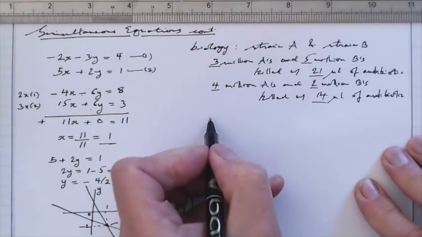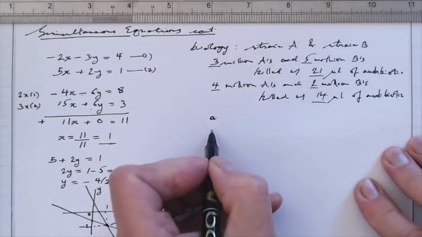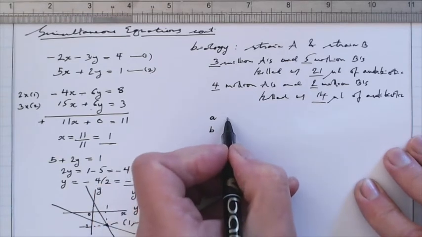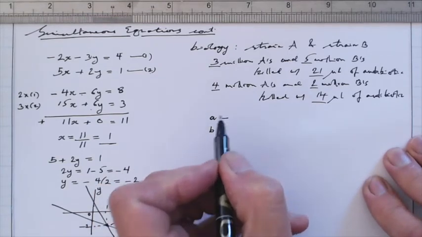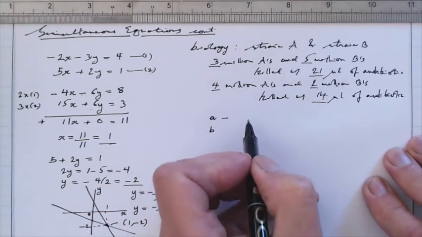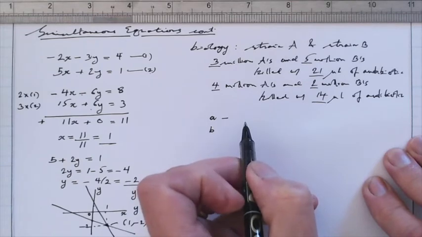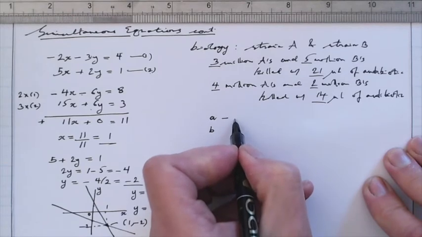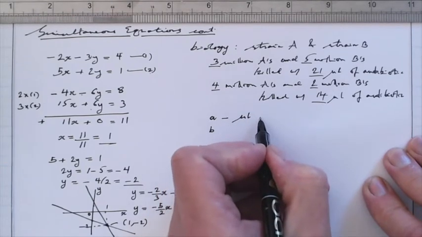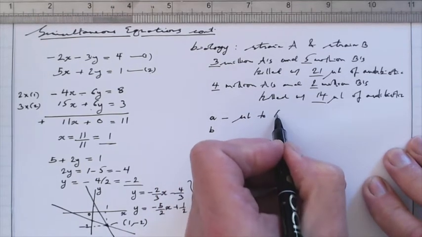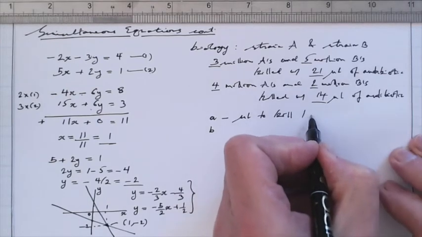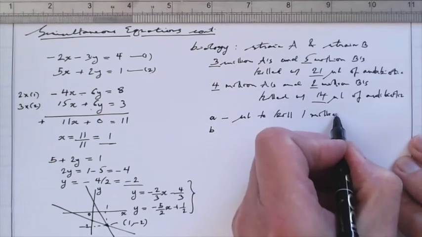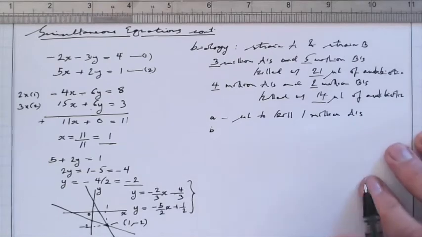So let's use the variable A and the variable B, and A is the number of microliters to kill 1 million A's.